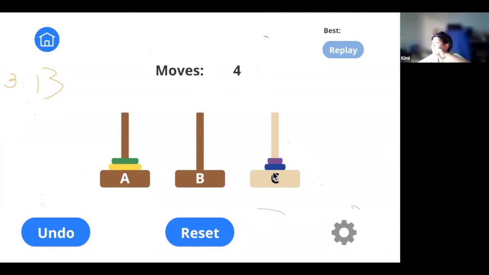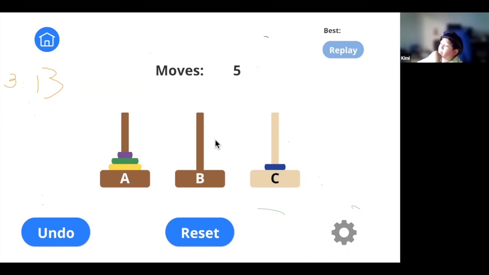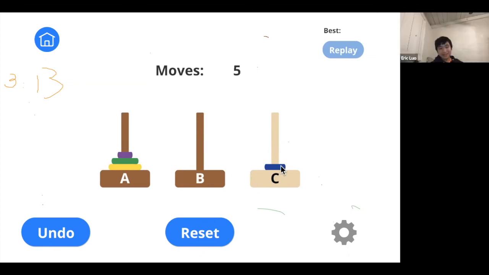It's purple to A. Yeah, so purple to A. Good. Blue to C. Wait, oh, never mind. No, not blue to C. Well, yeah, blue to C. Oh, you mean blue to B? Blue to B. Yeah.